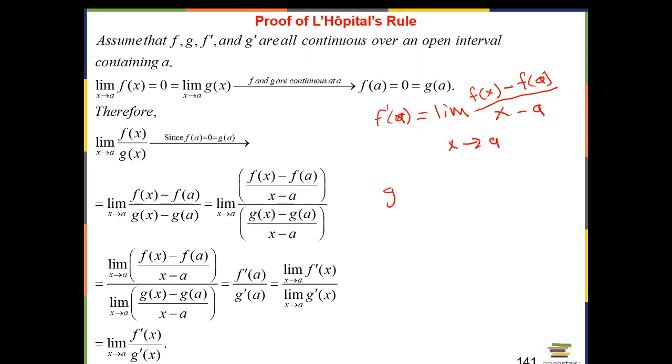And then what is g prime at a? It is the limit of g of x minus g of a over x minus a again, and then x approaches a.